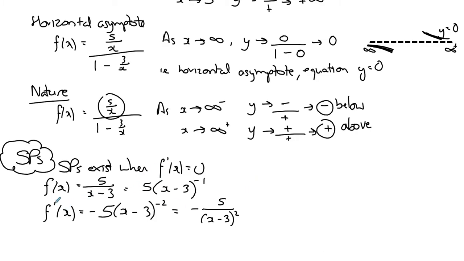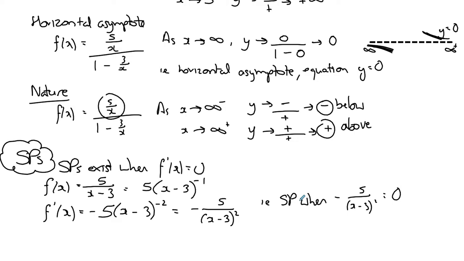So we can say that the stationary points are going to occur when negative 5 over x minus 3 squared is equal to 0. Now we have a wee problem with that, because if we multiply through by the denominator, then that's going to give us negative 5 equals 0, which doesn't really work. The reality is that there are no solutions there. There is no value of x for which the first derivative would be 0.